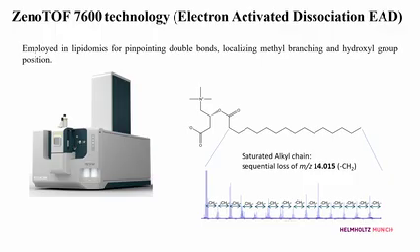EAD, on the other side, is a novel technology which we have been using for the structural elucidation of lipid chains. Here I reported an example. This is a saturated backbone.